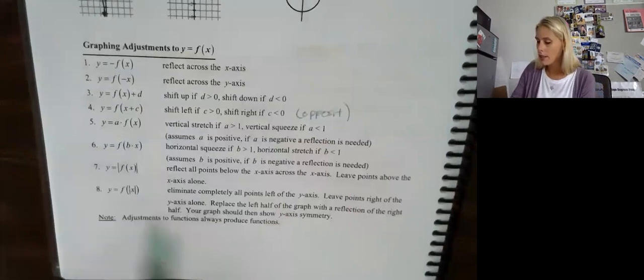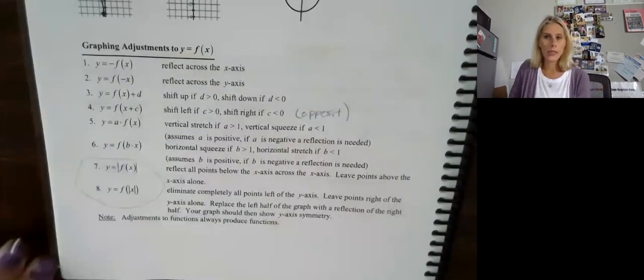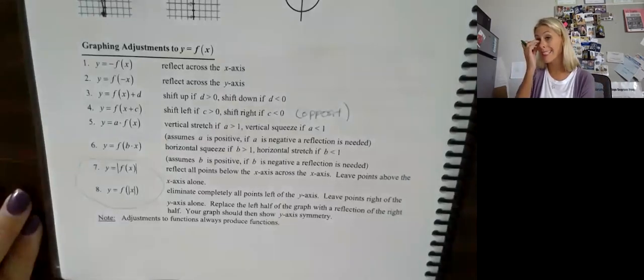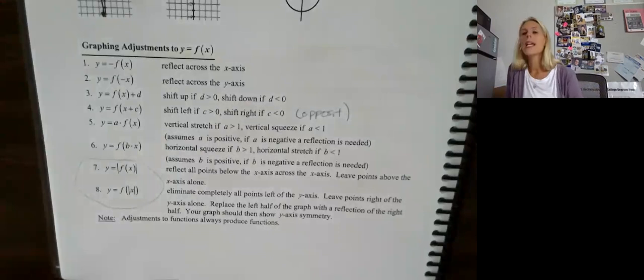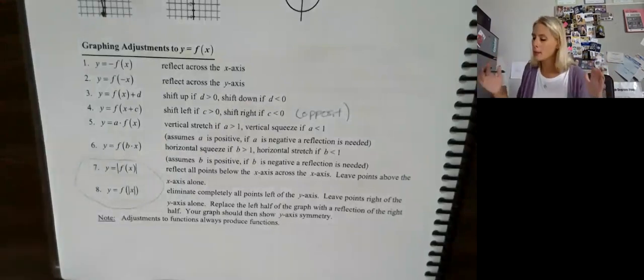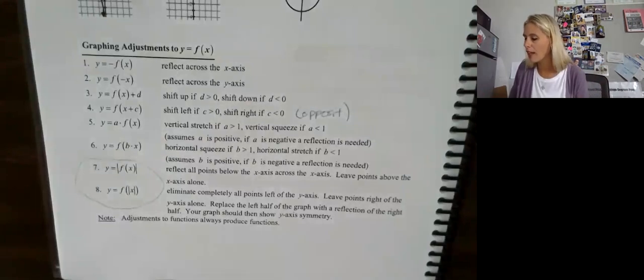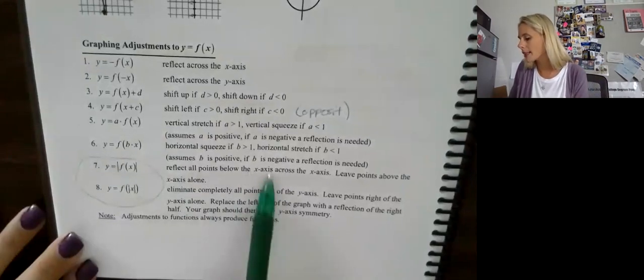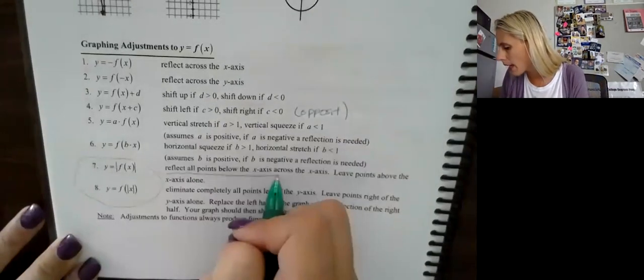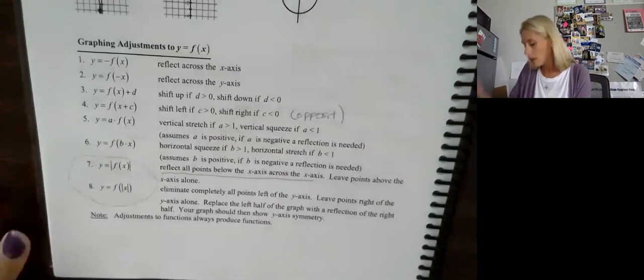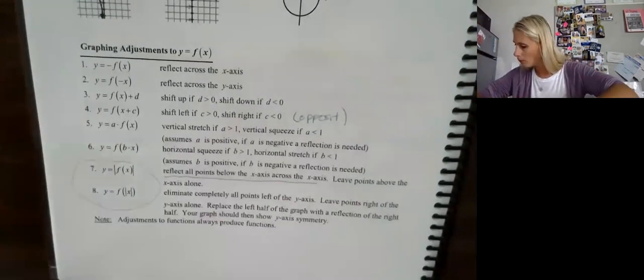Absolute value, these are the ones that are totally new to us. So you want to make sure that you're getting these down because it makes it graph easier. No graphing calculator, only checking on the graphing calculator. So if the whole function is in the absolute value, then what happens is you reflect all points below the x-axis, and leave points above the x-axis alone.